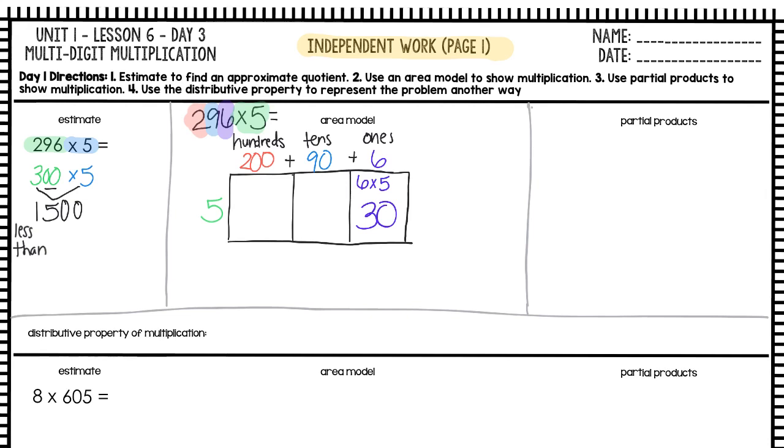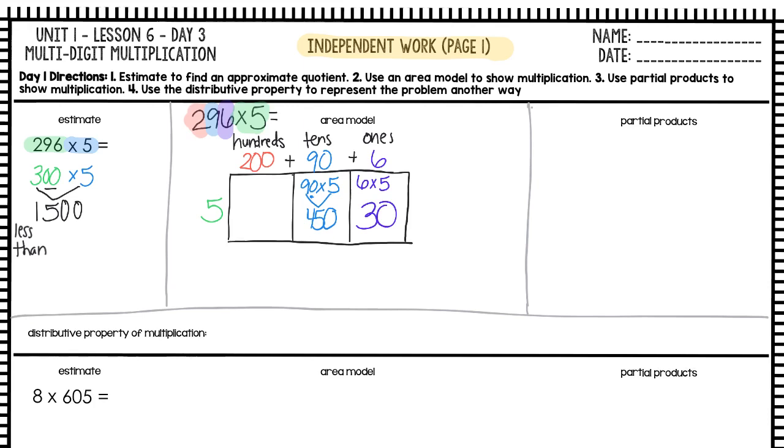And I say, okay, I have 90 times 5. Well, I see there's a 0 that's going to be in the ones place, and then I'm going to multiply. 9 times 5 is 45. So 90 times 5 would be 450.